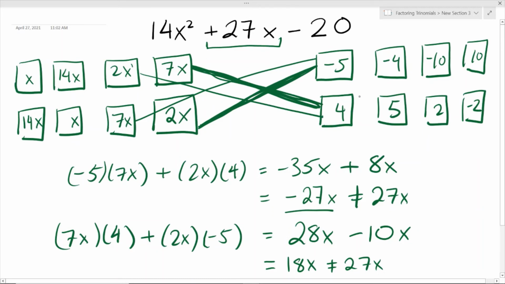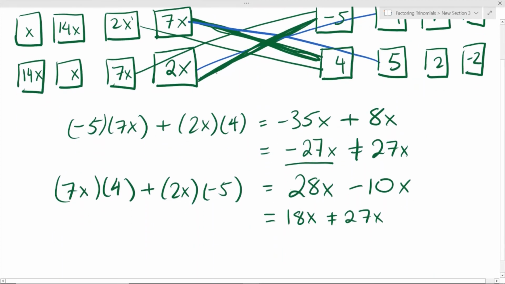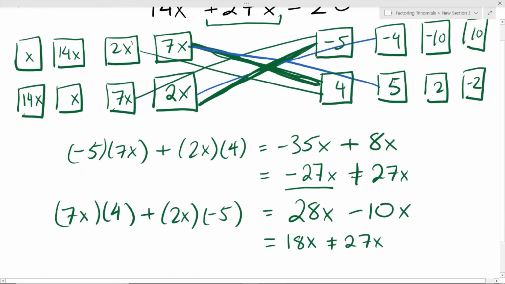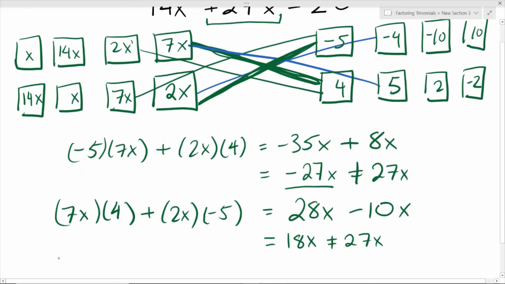Now, how about if we try 2x times -4 and 5 times 7x. We can try that, okay? So what was the combination again? It was 2x times -4, plus 7x times 5.